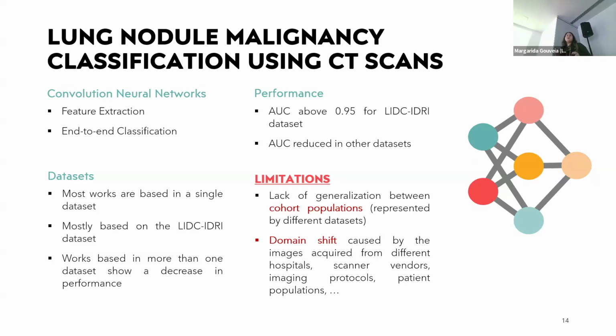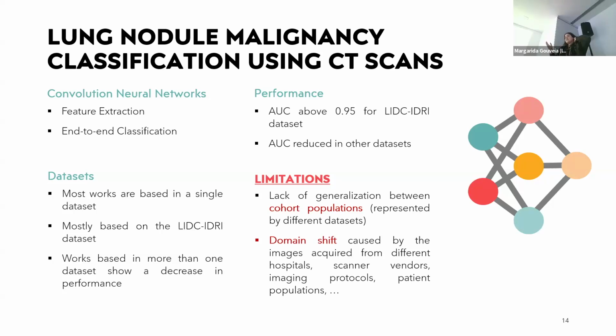But looking at the literature, most of the works are based on a single data set, the LIDC data set, and this data set has a few problems, especially regarding the annotations, because ideally we want the biopsy result of the nodule, a real confirmation of whether the nodule is cancer or not.